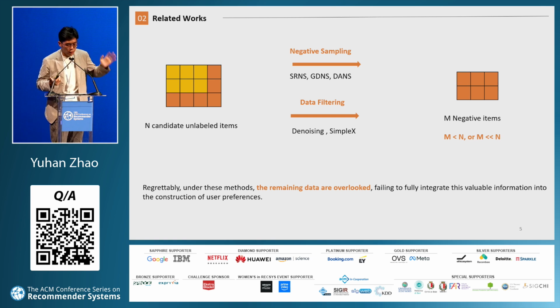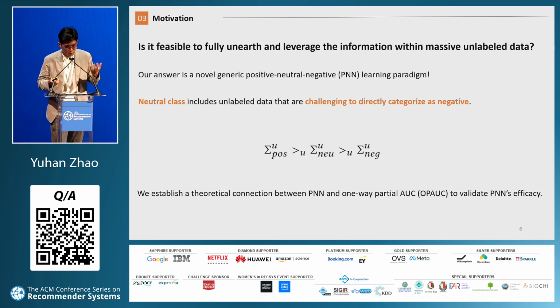But after these methods, we only select 6 items to train our model. So the remaining data are overlooked. Under this situation, we pose an interesting problem. Is it feasible to fully unearth and leverage the information in massive unlabeled data?